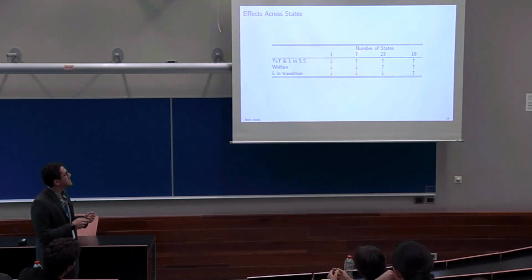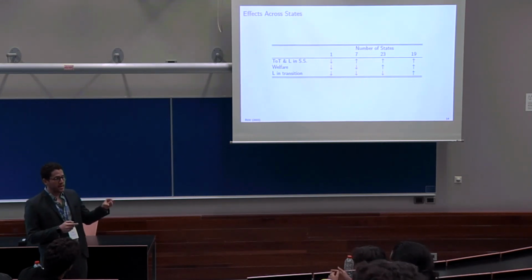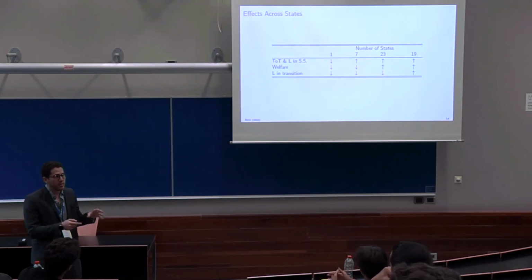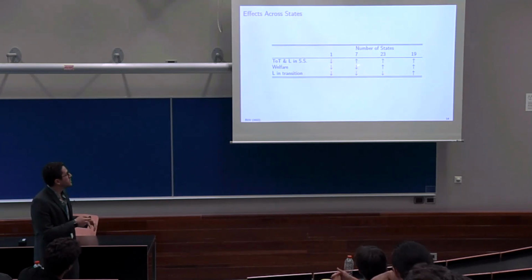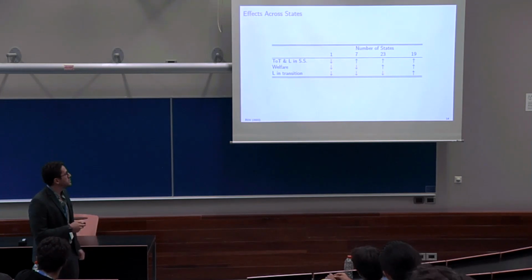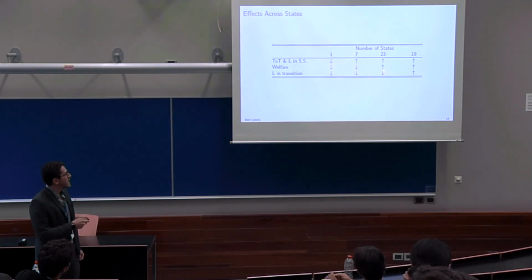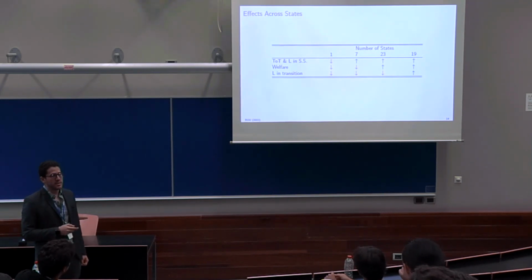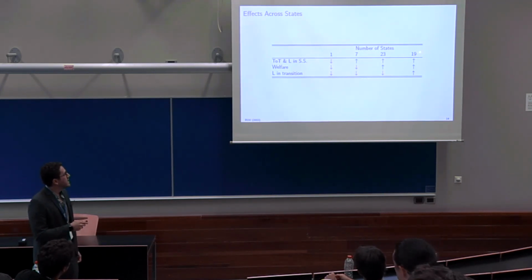But there are 7 additional states that, even though they have higher terms of trade in the new steady state, due to the transition period where they can suffer unemployment and a fall in employment, can actually turn the welfare gain that they would have had in the new steady state if there was flexibility into a welfare loss due to this downward nominal wage rigidity and the transition. And they also suffer loss in transition. 23 additional states, even though they have higher terms of trade in steady state and even positive welfare, still have some unemployment and some fall in employment in the transition. And these 19 states have higher everything.